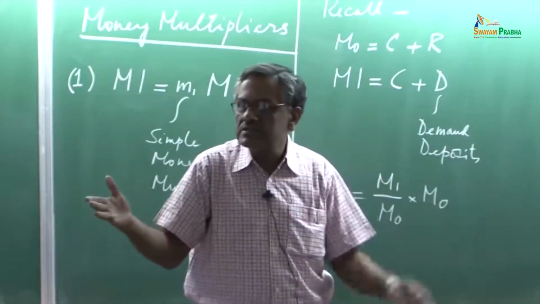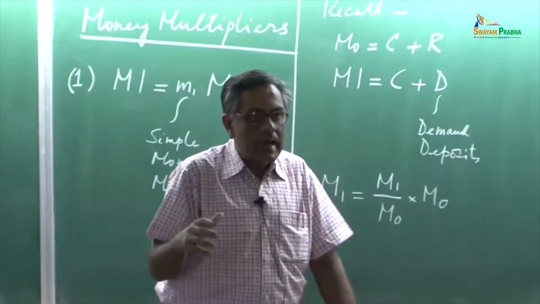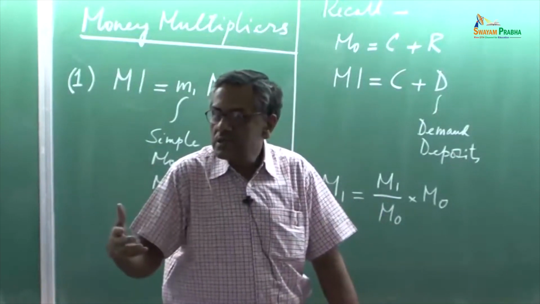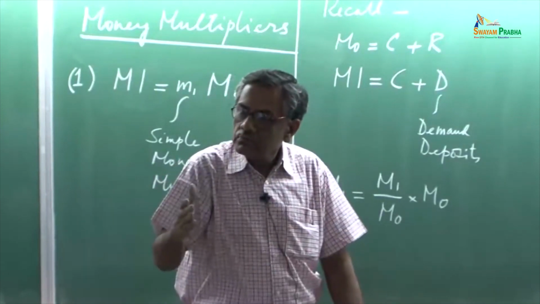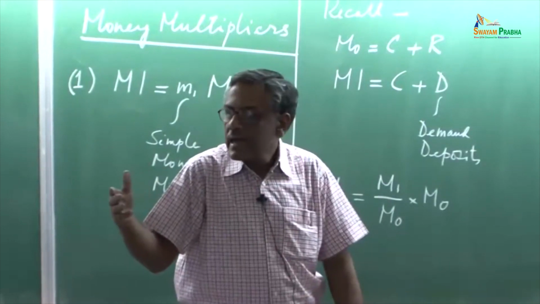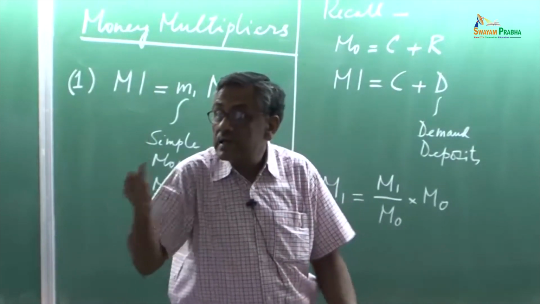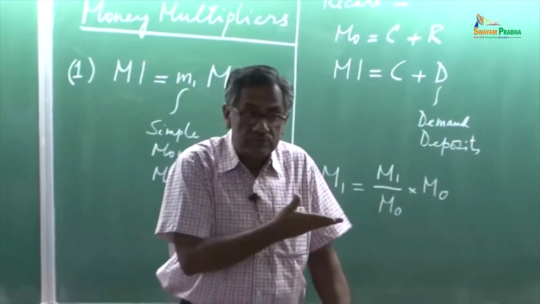So, this is not a very realistic multiplier. I am coming to the other multiplier which is more realistic, and banks behave in certain ways, keep part of the deposit with RBI on a fortnightly basis or weekly basis and keep excess reserves. A multiplier is born, which we do not realize unless we go through this process.